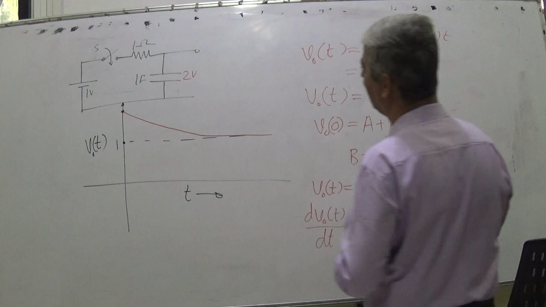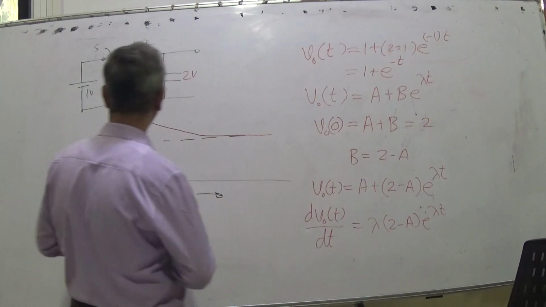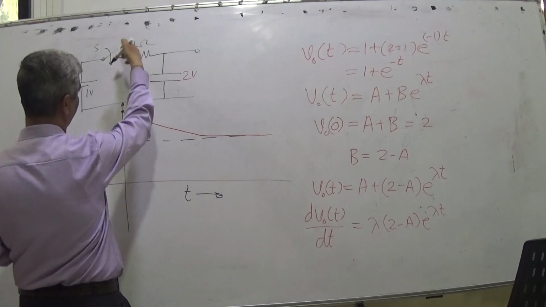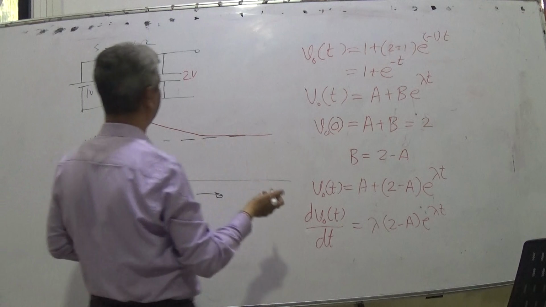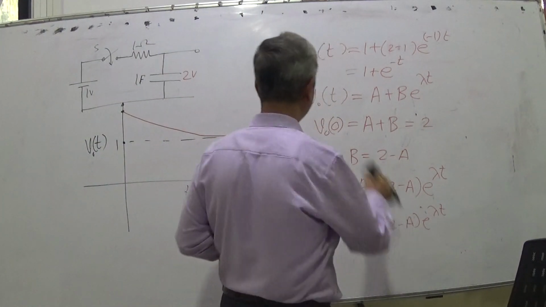And what would be IT? That is the current. That also we can have. That is IT from R and C is same. IT is C dVOT by dt.